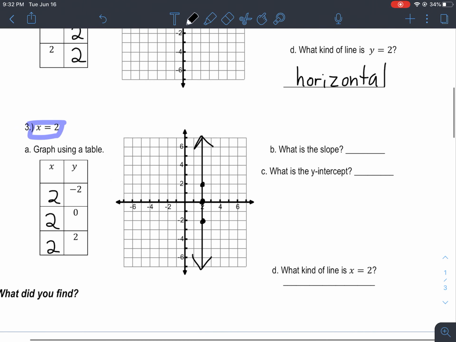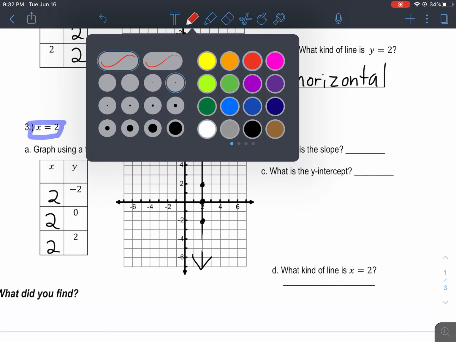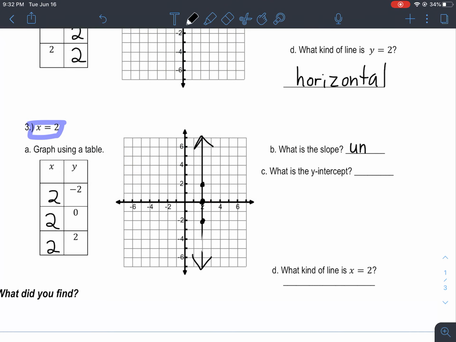So I like to think about this as, would it be possible for you to just start climbing in the air without a ladder or anything? Would it just be possible if I was just walking up in the air? That's not possible. So what we're going to call that is the word undefined. This slope is undefined.